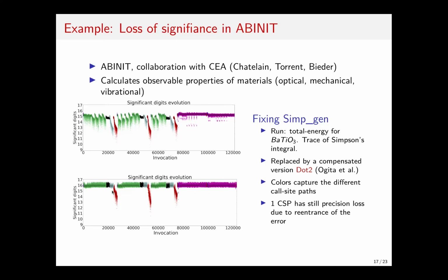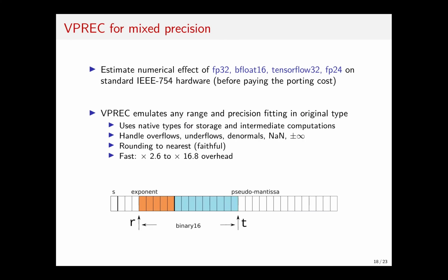After these optimizations, we see that now the accuracy is very good. For most of the call sites, we have 16 digits of accuracy, and there is one call site of the function that is still affected because of a reentrant error. This is a bit harder to fix because we would have to have the compensation term of Dot2 go through this reentrant call. So we didn't do that here, but it could be done.